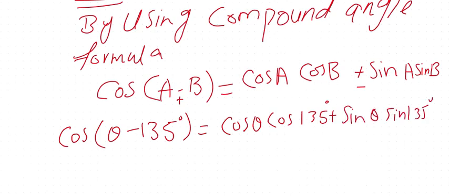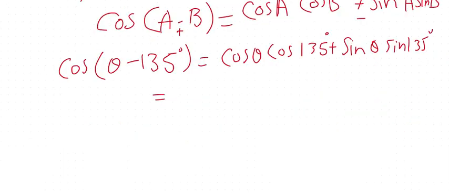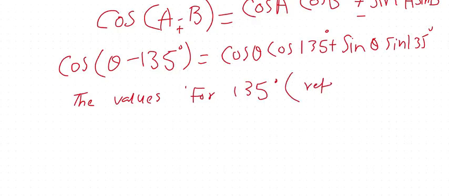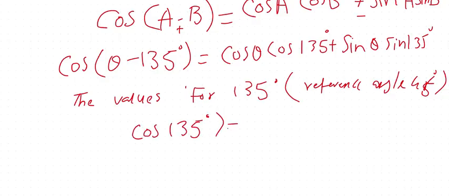So I'm going to simplify the equation. For 135 degrees, the reference angle is 45 degrees, in quadrant 2. So cos 135 equals minus cos 45 degrees, and the value we get is minus square root of 2 by 2.